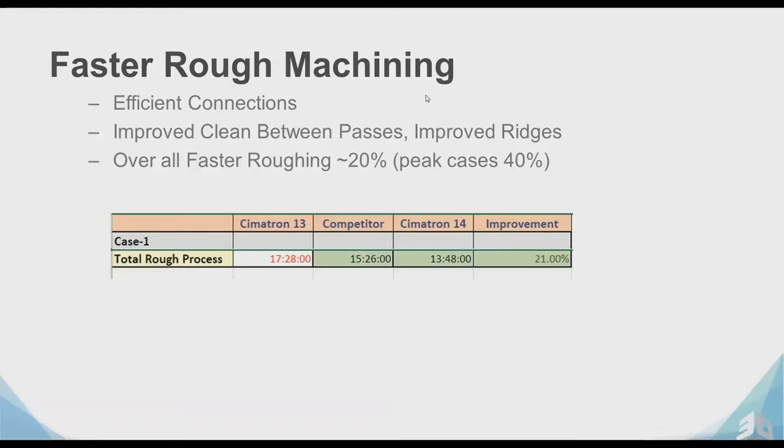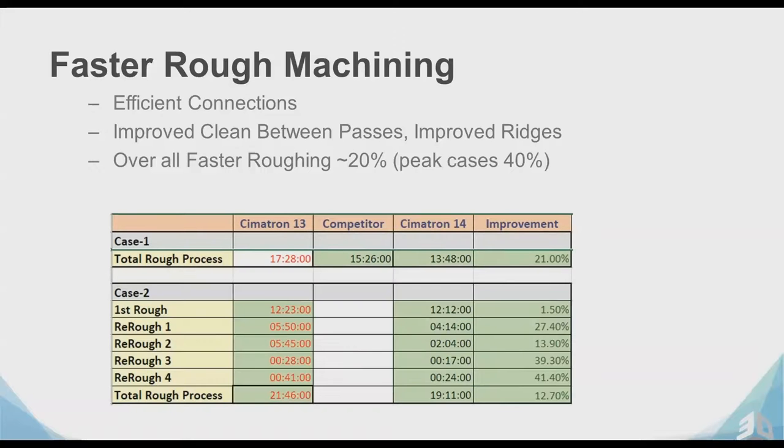So we at Cimatron thought, how can we increase the roughing process? And we came out with version 14 down to less than 14 hours, which is 21% improvement on the roughing time. This is very significant, taking into account the machine cost per hour, which can be a lot of money for the manufacturer.